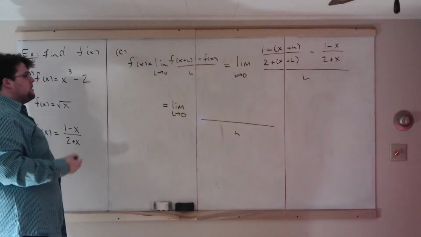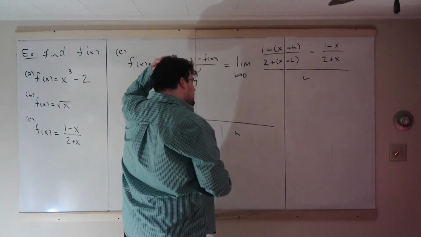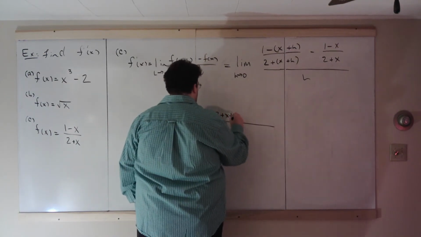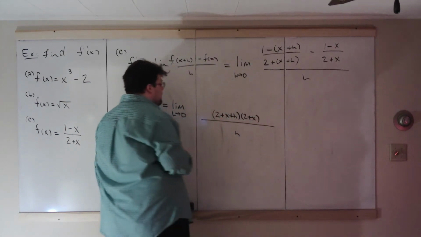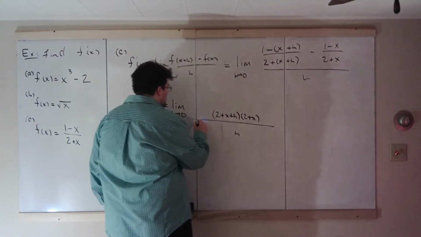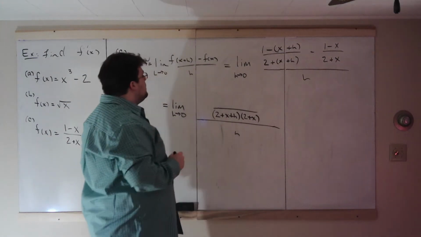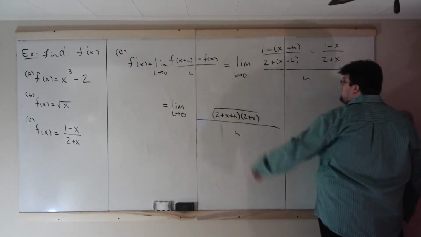Let's combine the fractions on top. To do that, we need a common denominator. What is the common denominator? Well, we'll multiply them together. And what happens to the numerator? So you need this common denominator.